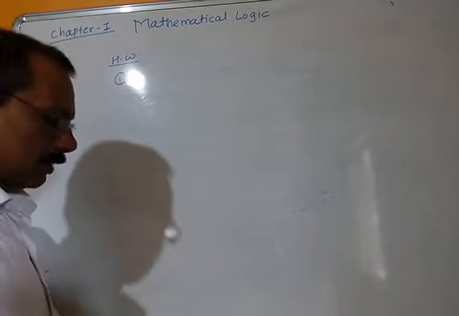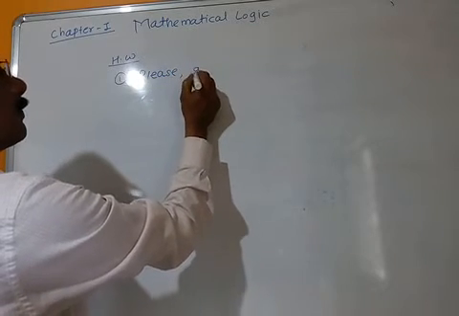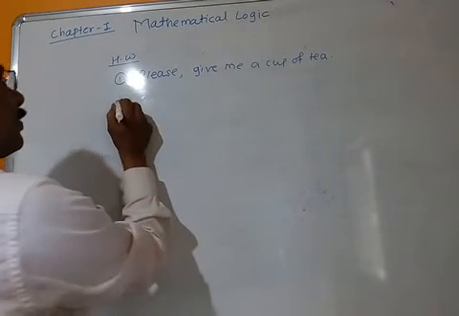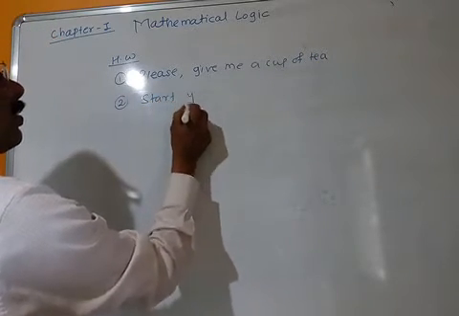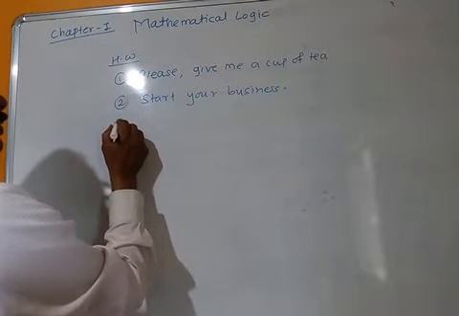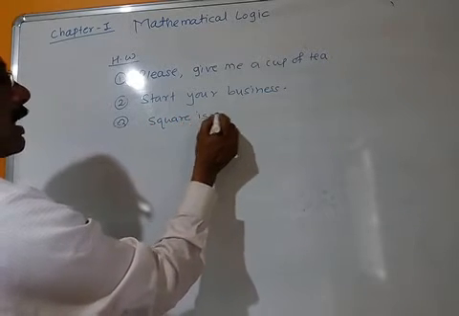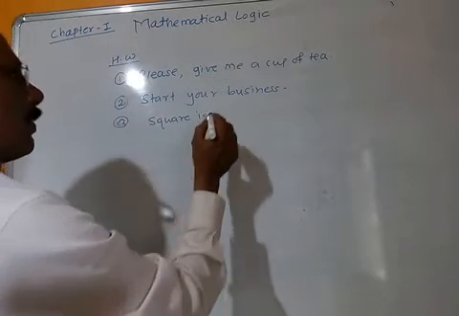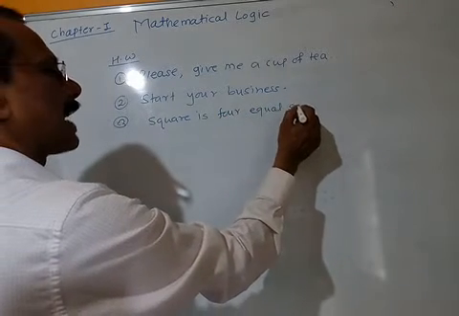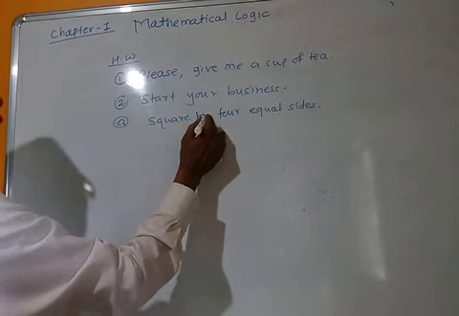First, please give me a cup of tea. Start your business. Third, square has 4 equal sides.